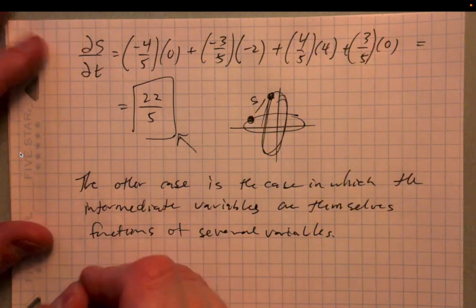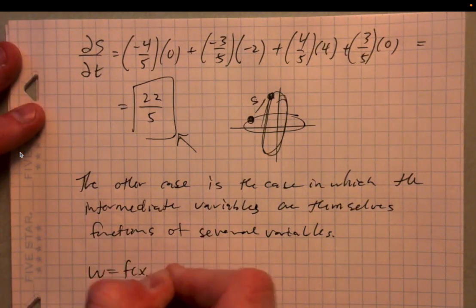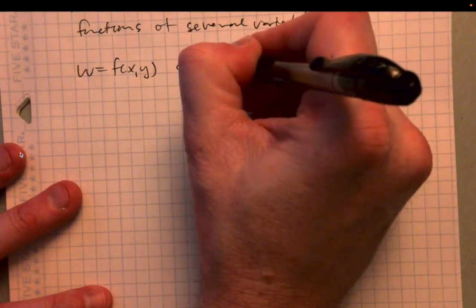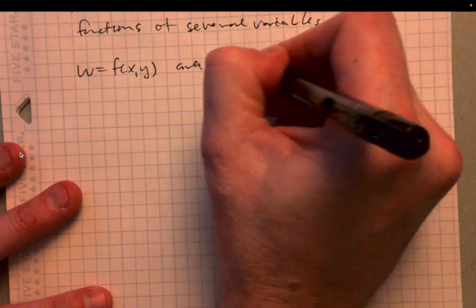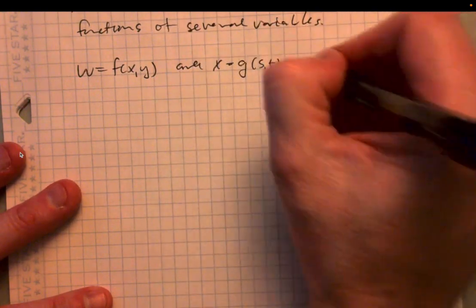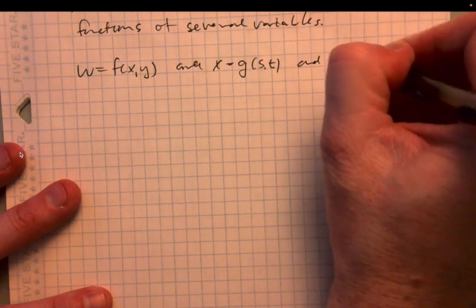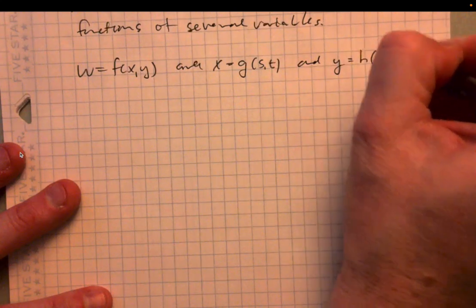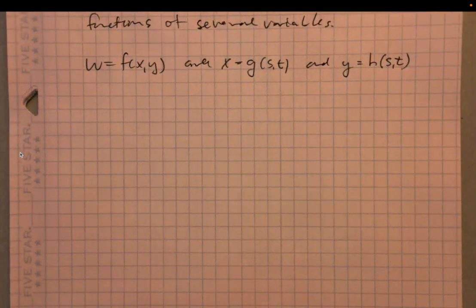So for example, if w is equal to f of xy, and x is a function of s and t, and y is a function of s and t as well, right? This kind of situation.